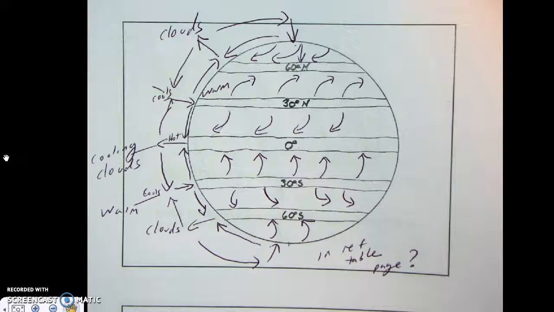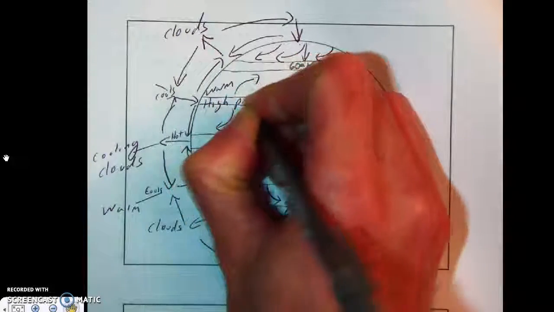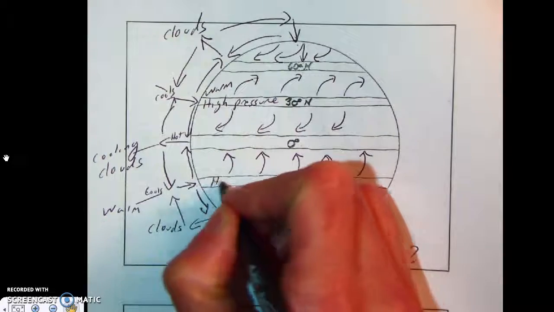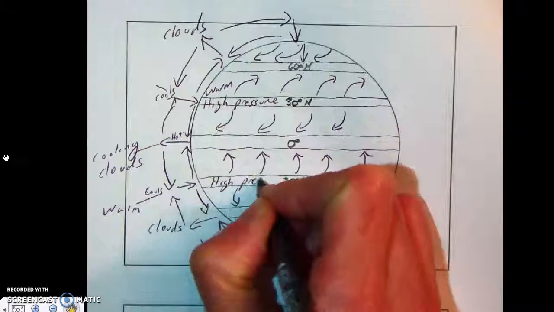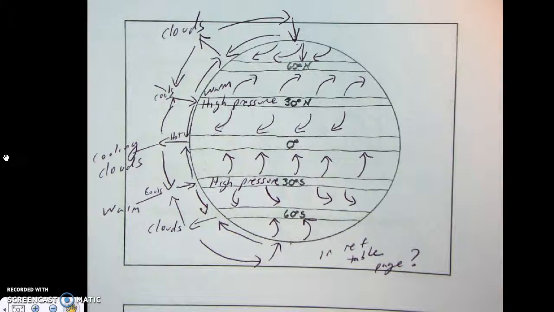So instead of cloud development, we have the opposite. We have high pressure. You're going to have high pressure here as well, which means that at 30 degrees north and south, you're going to have good sunny weather all the time.